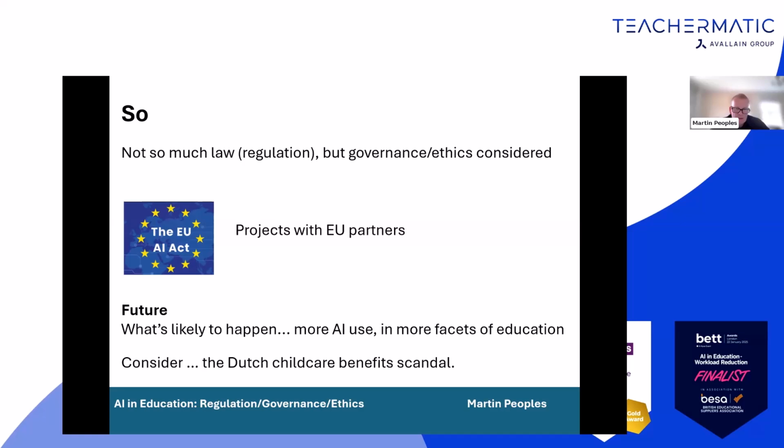Just to put one caution on that last point, not to be alarmist, but to be slightly cautionary. I'm not sure how aware you are, you probably have heard of it, the Dutch childcare benefit scandal, where an AI system which was looking at potential fraud in the Dutch childcare system picked up an incorrect proportion of immigrants as being people who were guilty of childcare fraud, and it turned out that there were problems with the models that were used to analyse all the cases.